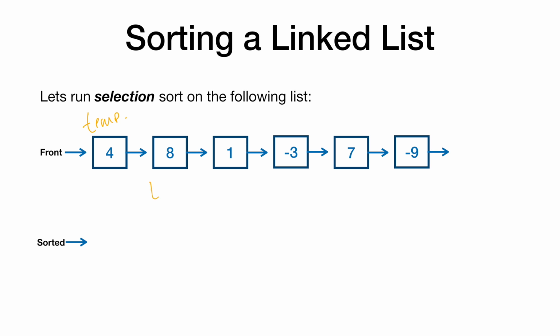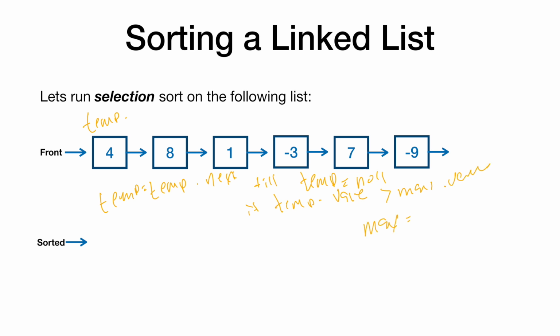And we say temp equals temp dot next until temp equals null, and if temp dot value greater than max dot value, then max equals temp, right?